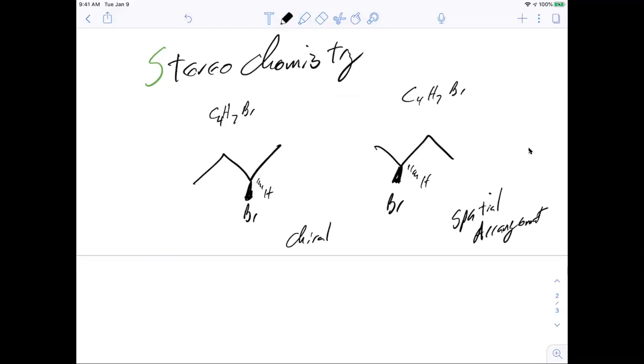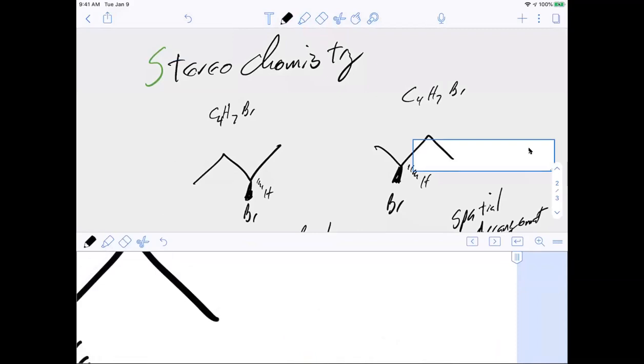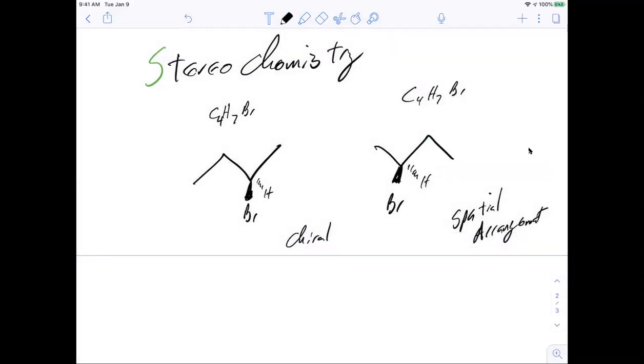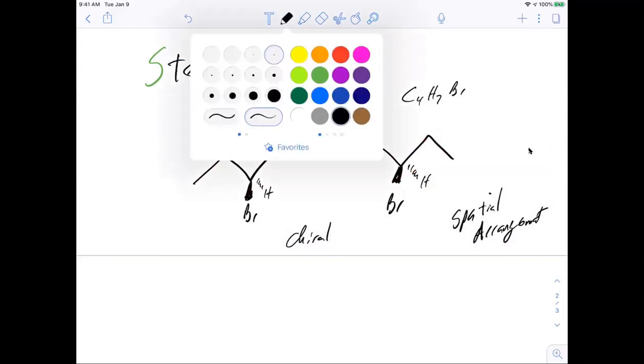So in chirality, what's happening is we have a spatial arrangement that makes handedness. So if we look at this molecule here, and if we look at this molecule compared to that molecule, we can see that those are mirror images of each other.